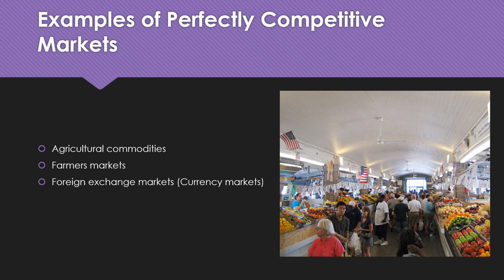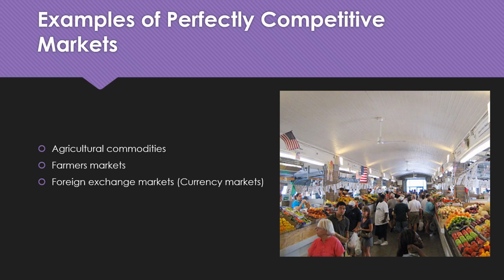Some examples of a perfectly competitive market: the main one that you're going to look at in terms of what your textbook might talk about, or if you look at examples on the internet, is agricultural commodities. So wheat, soybeans, corn, things like that. It's very ubiquitous in society. There's a lot of it. Lots of people make it.